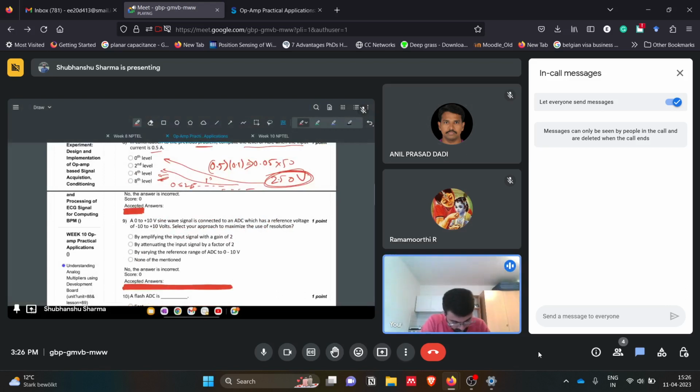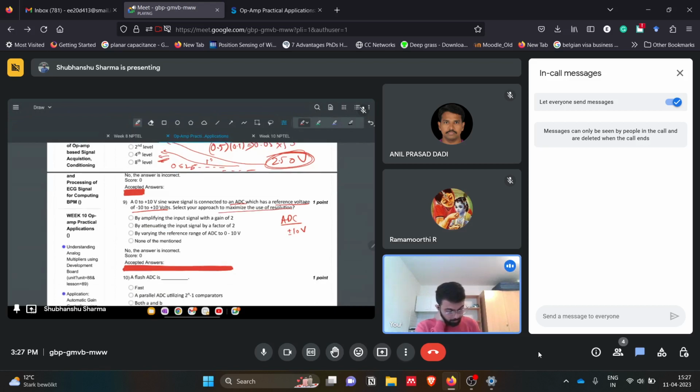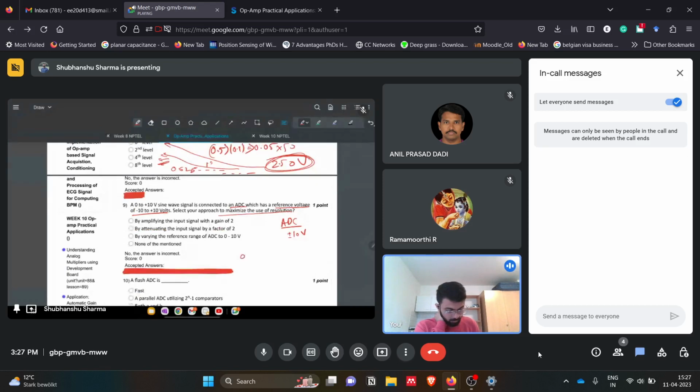A 0 to 10 volt sine wave signal is connected to an ADC which has a reference voltage of, so we have an ADC which can go from plus 10 to minus 10 volts. Select your approach to maximize the use of resolution. Here we have a signal which is 0 to 10 volt.